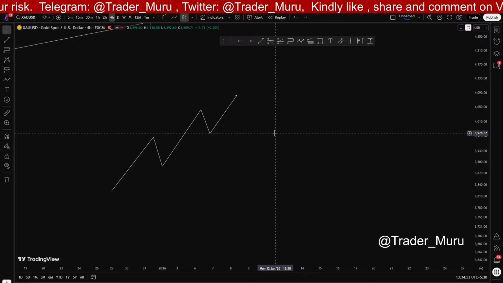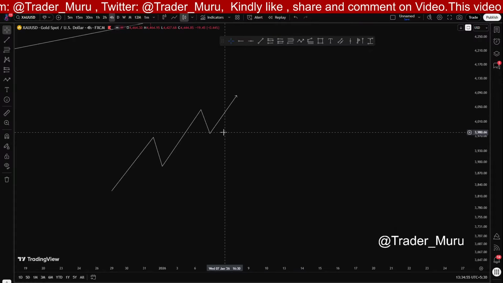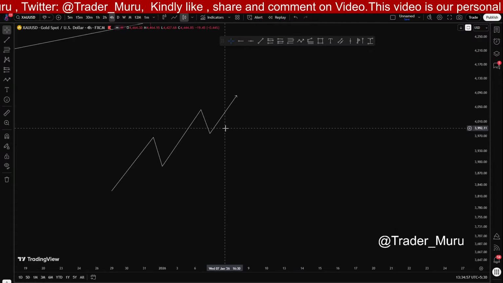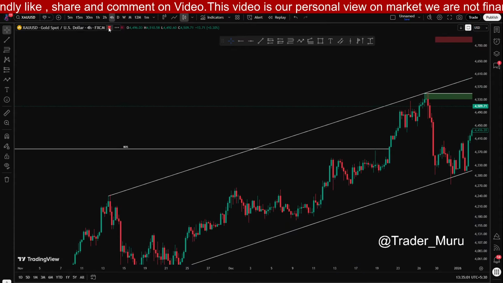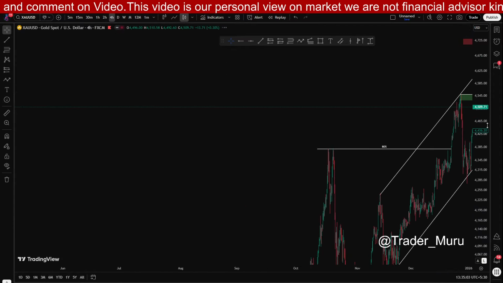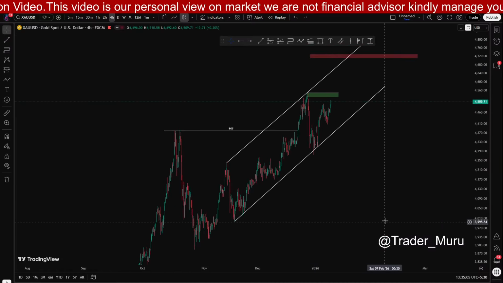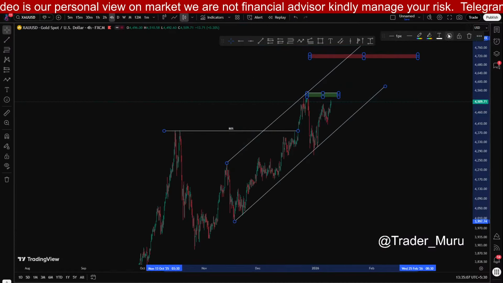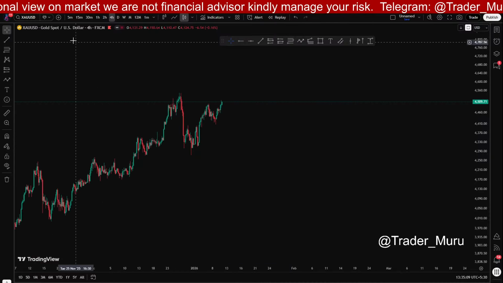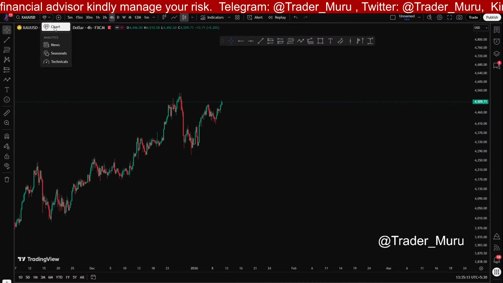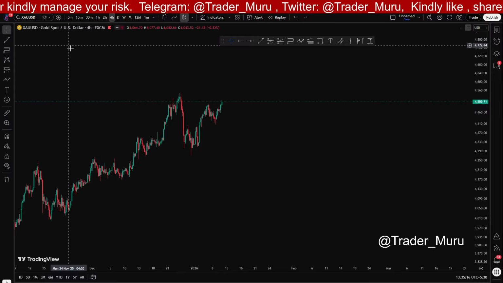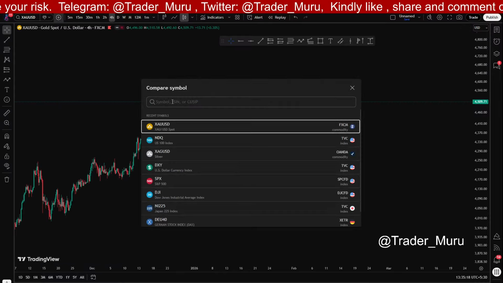Do gold and silver move in tandem or have some correlation? If you want to see any correlation between any assets, just put their charts side by side. Just remove all this, and if you want to see correlation, then you add it here.